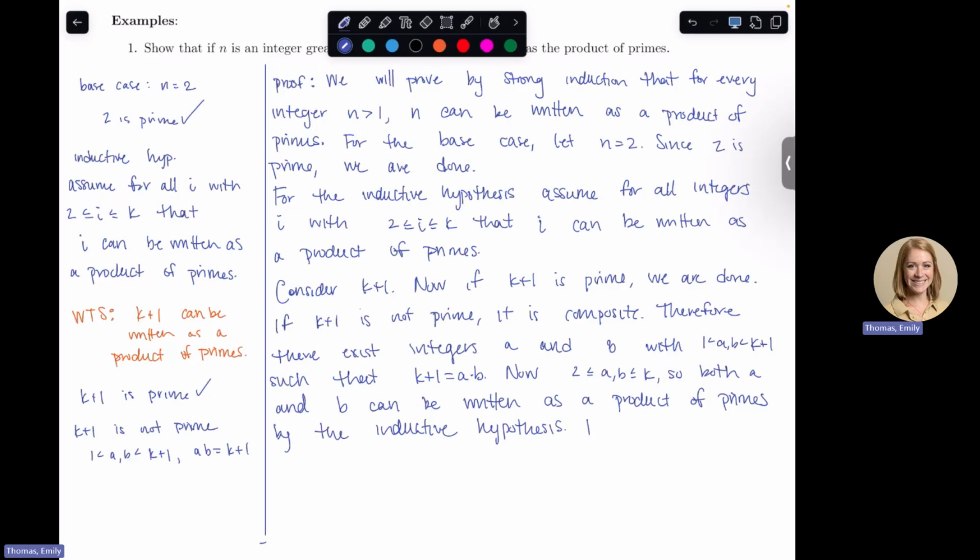Therefore, k plus 1 is also a product of primes.